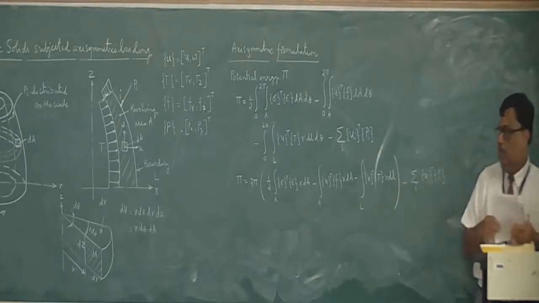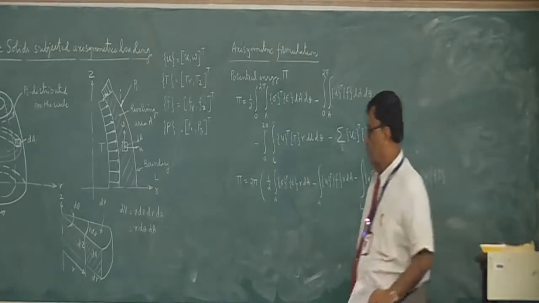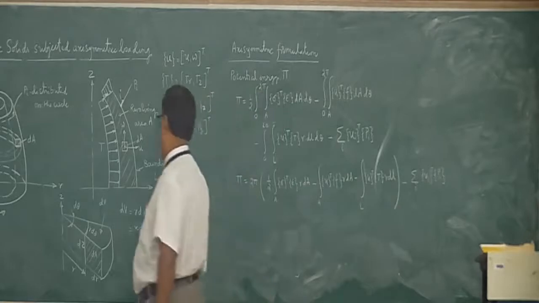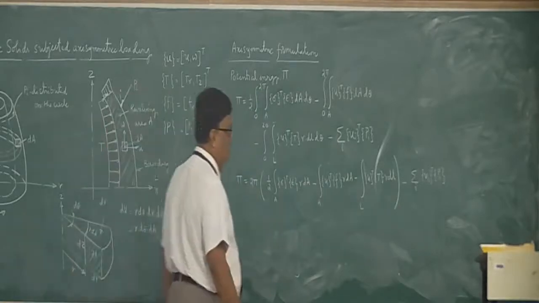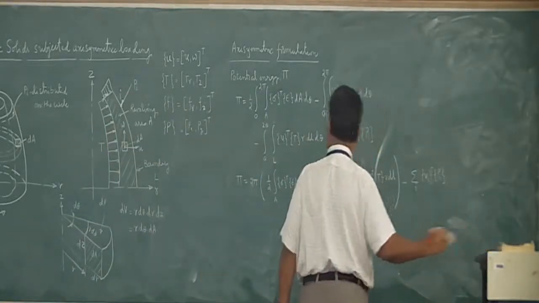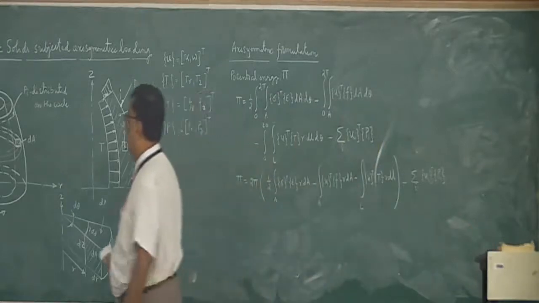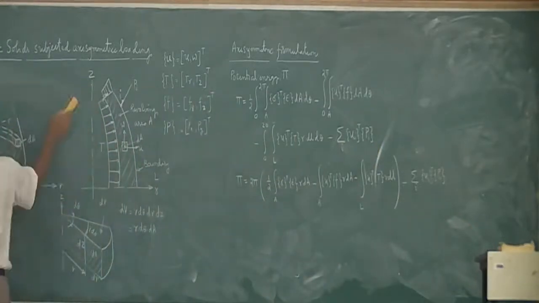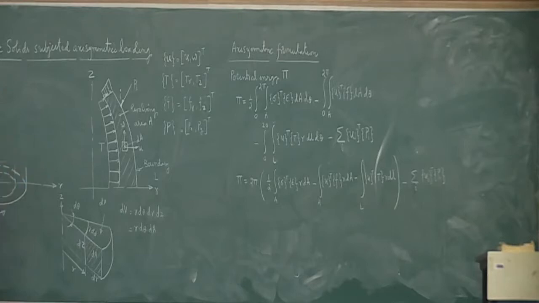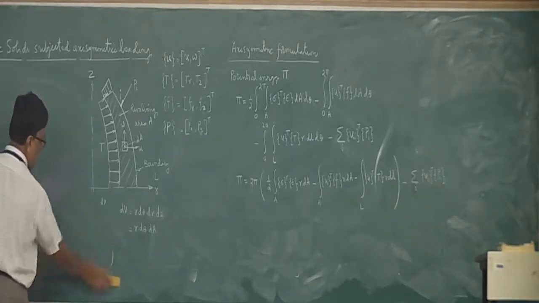Now, when it comes to strain, in the 2D plane, what we had seen in our earlier case, there were only three components, that is epsilon x, epsilon y, and gamma xy. That is two normal strains and one shear strain.